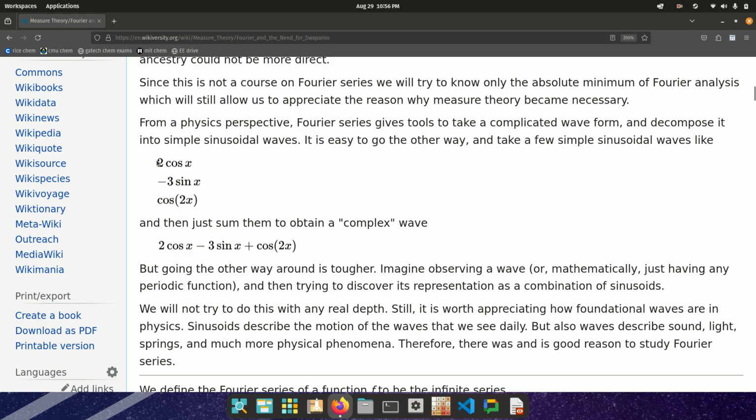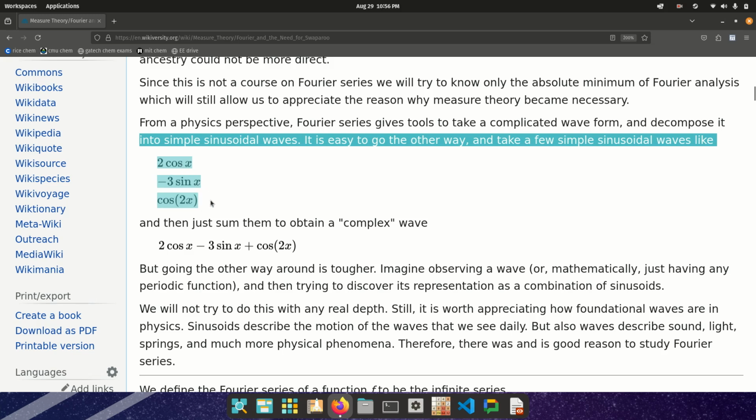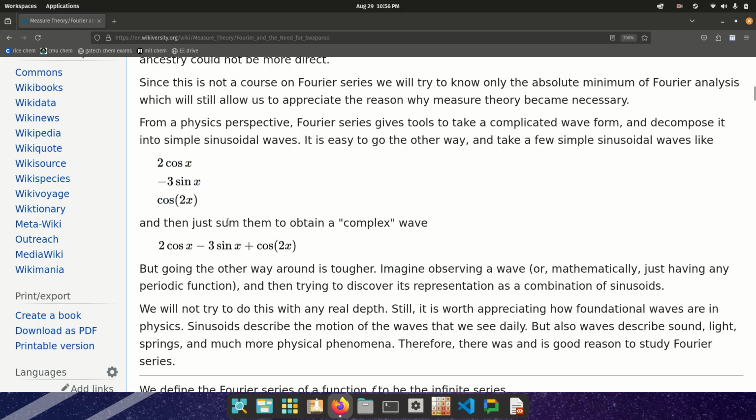What's more interesting, but also harder, is being able to take a complex wave phenomenon and decompose it into these simple parts. But we're going to start from the perspective of building up from simple parts because that's the easier thing to understand, and it gives us a chance to introduce vocabulary and so on.